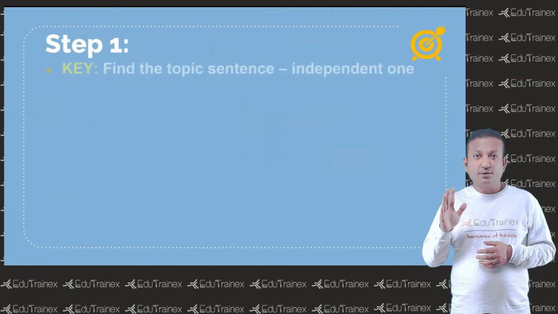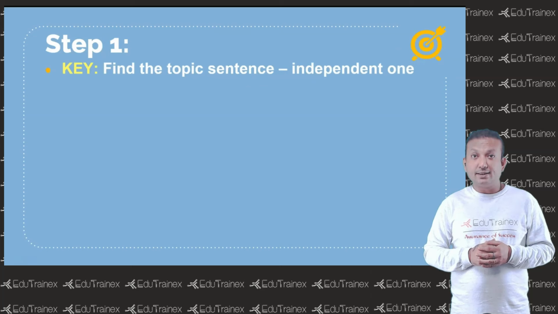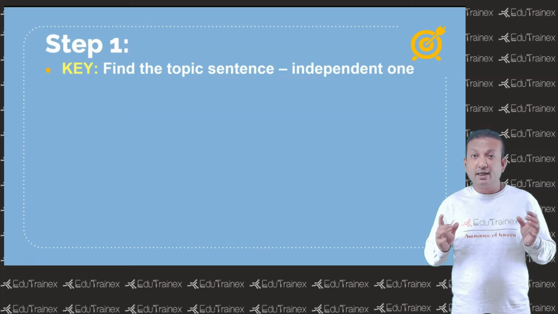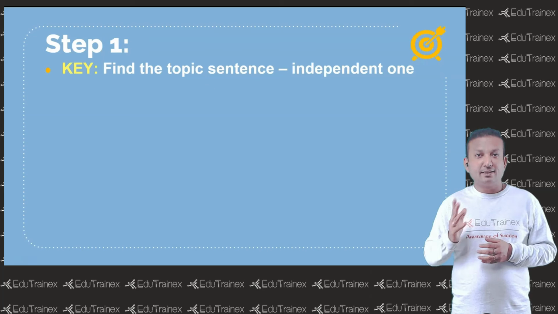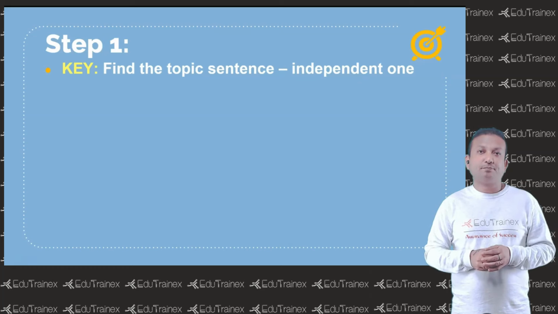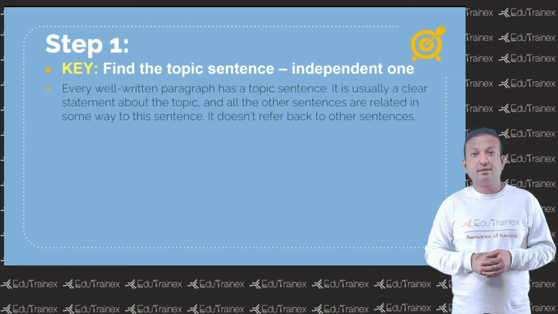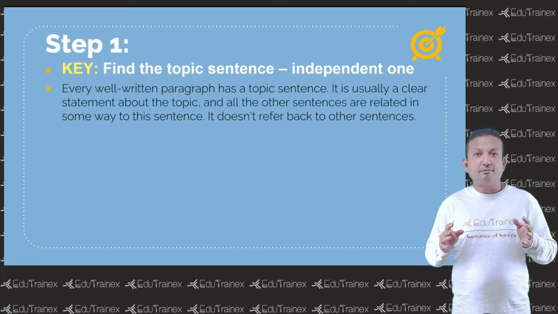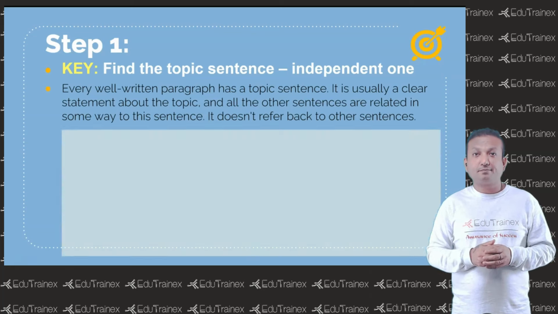Step 1 is to find a sentence that is completely independent, also called the topic sentence. This sentence will stand out among others as it will not have any reference to any other sentences. In simple words, if you read this sentence alone, it will make sense to you. If it doesn't, then it's not the independent topic sentence. So every well-written paragraph has a topic sentence that introduces the paragraph and doesn't refer to other sentences.